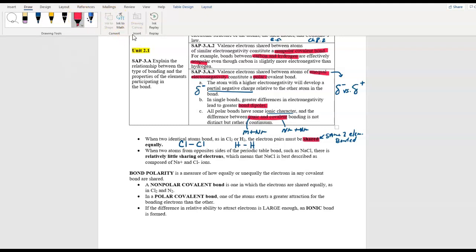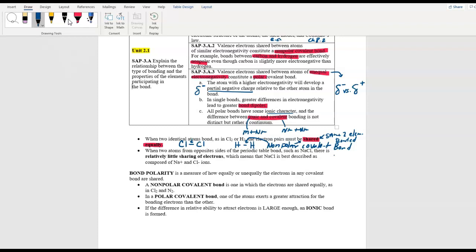When they're shared equally, they have a particular name: a non-polar covalent bond. So that's non-polar, because non-polar means shared equally.